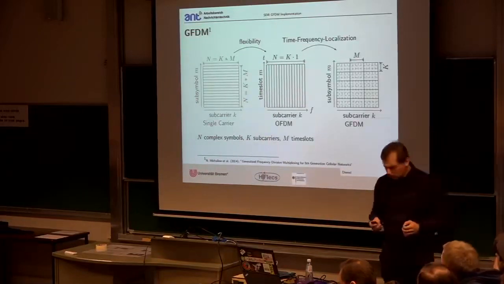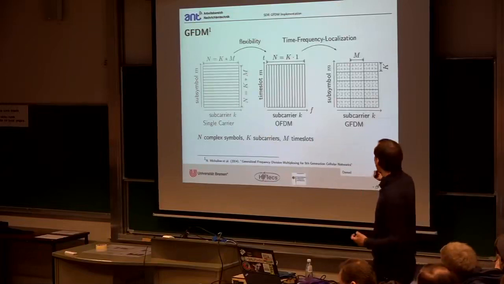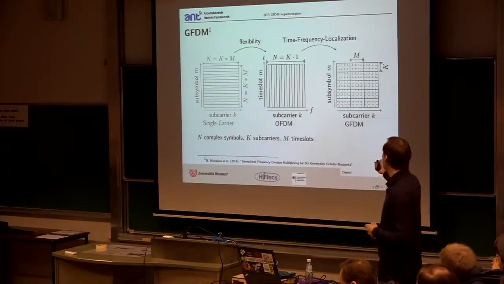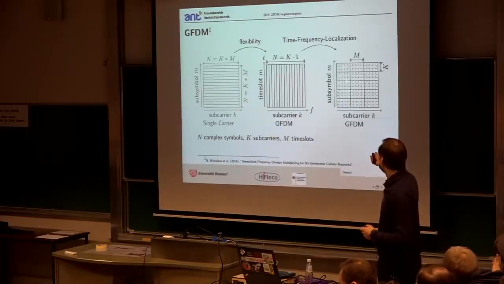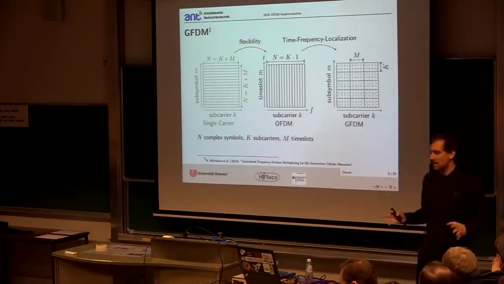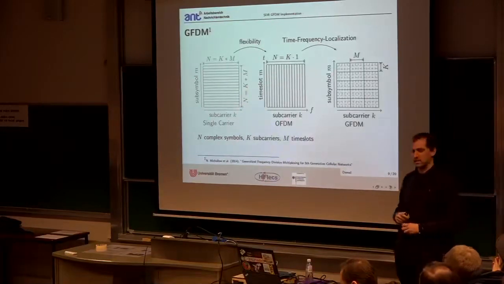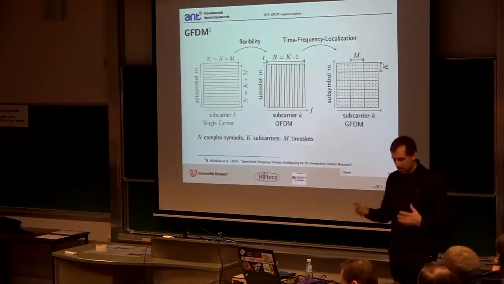GFDM wants to be more flexible here. So we can have a flexible scheme where we divide our resources, time and frequency, into subcarriers and time slots. That's this direction. Okay, still we have N complex symbols that we can transmit on our N data symbols, but now it's more flexible.